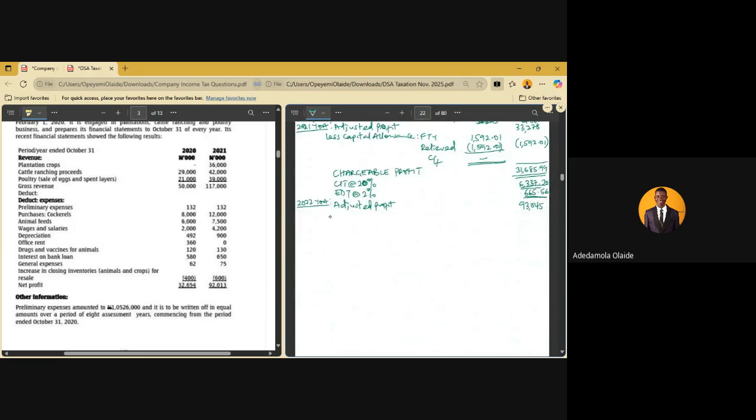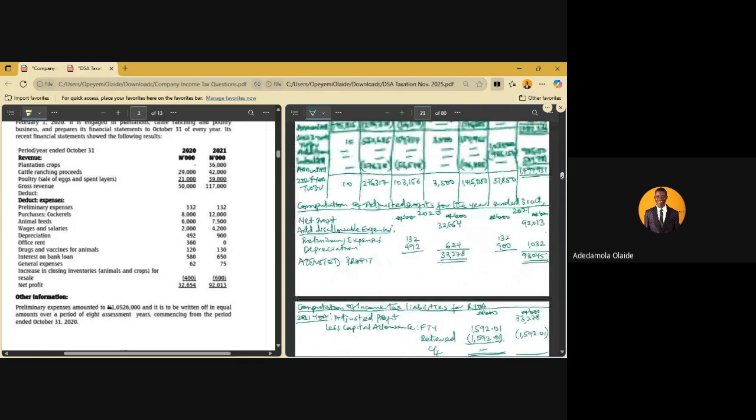So with less capital allowance: since the whole capital allowance in the previous year was relieved, we don't have brought forward. We'll only have the capital allowance charge for the year. And that is how much?